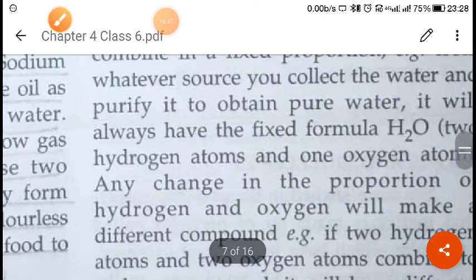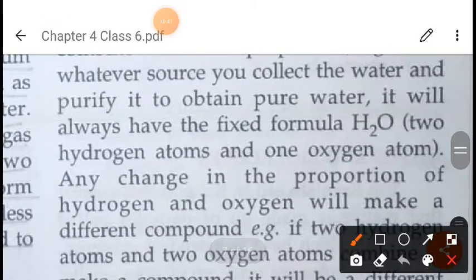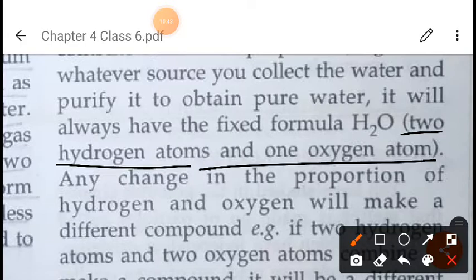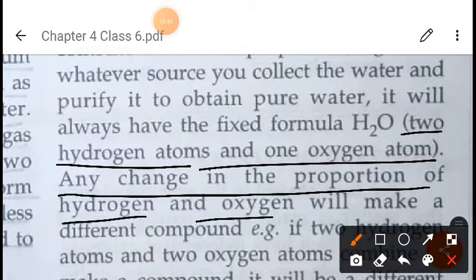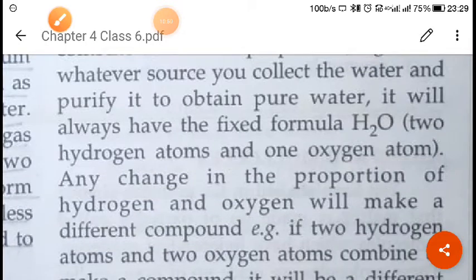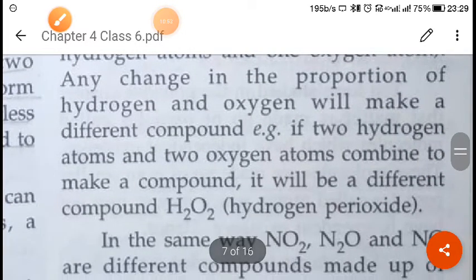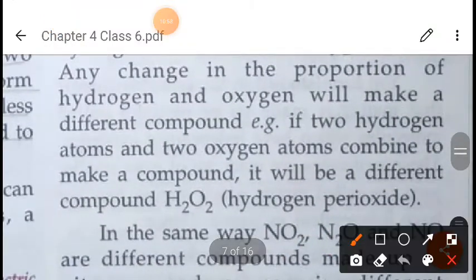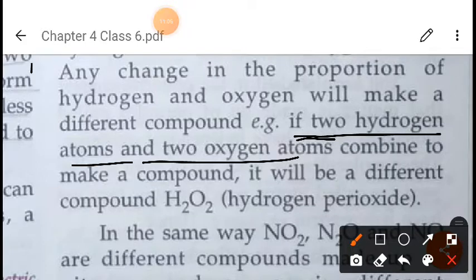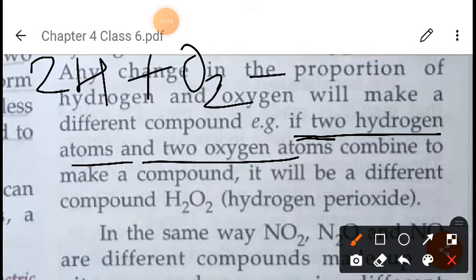So here what is happening, two hydrogen atoms and one oxygen atom combine to form water, okay? Now any change in the proportion of hydrogen and oxygen will make a different compound, okay? Suppose we change the composition, and in place of this, we use two hydrogen atoms and two oxygen atoms. When they combine, they will form hydrogen peroxide, which is H2O2, okay?